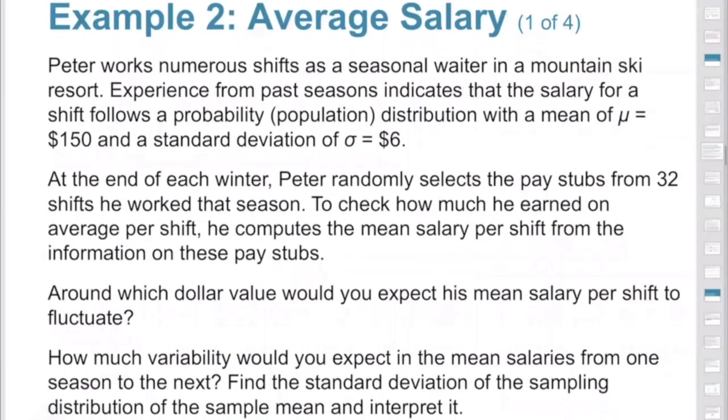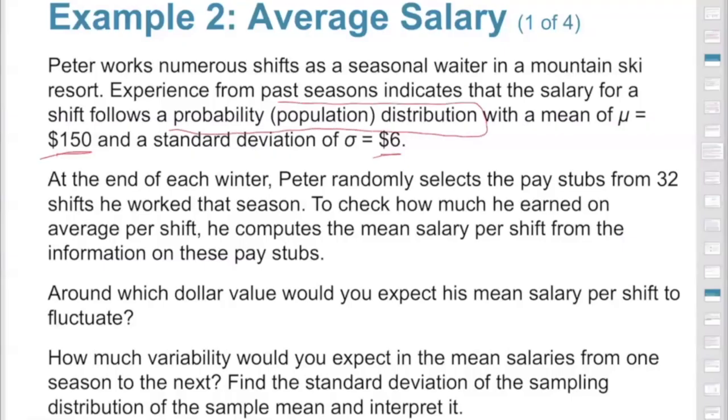Peter works numerous shifts as a seasonal waiter in a mountain ski resort. Experience from past seasons indicates that the salary per shift follows a probability distribution with a mean mu equal to $150 and a standard deviation of $6. So this is the distribution of the population.